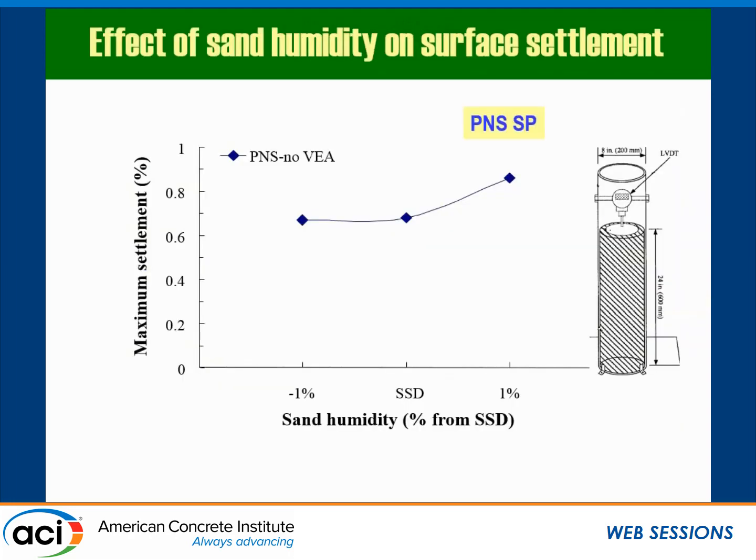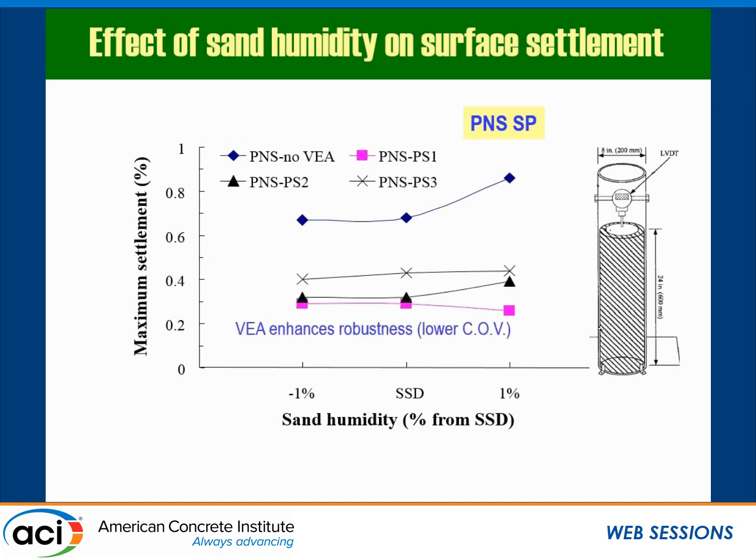So thixotropy, if you take one of the test methods, this is a surface settlement. As Joe said, if you reduce the amount of, in this case, the sand humidity, you can still have 0.6, 0.65. This is the target value. But if you do not make adjustment for extra water, then your surface settlement is going to increase.